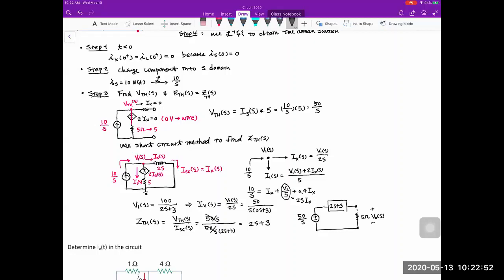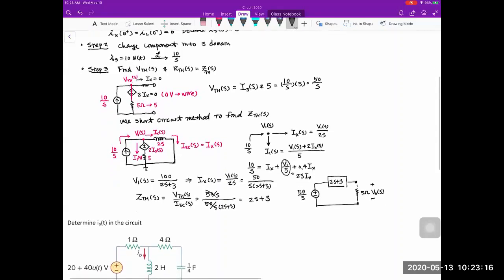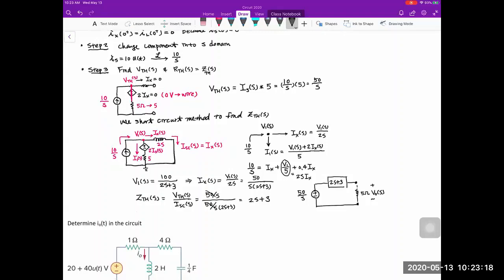Right? So how do we find this voltage? Well, you look at the circuit, this is simply a voltage divider. The voltage across this 5, it depends on what is in front of this 5, right? So there's like a 2 resistor, but it's not a resistor, it's 2 impedance. Then you can find the voltage by using voltage division.